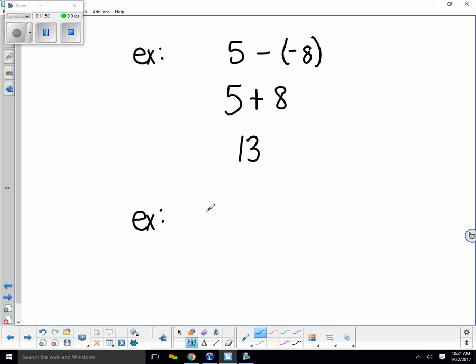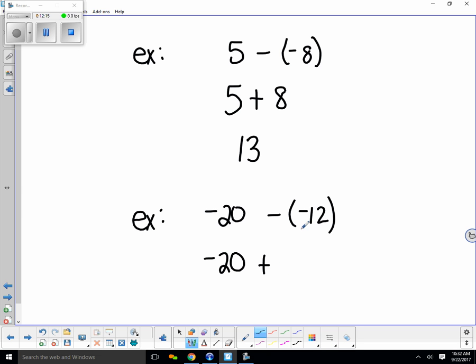All right, let's say we have negative 20 minus negative 12. Again, I've got to change this to addition. Step 1, copy the first number down, so it's negative 20. Step 2, change subtract to add.